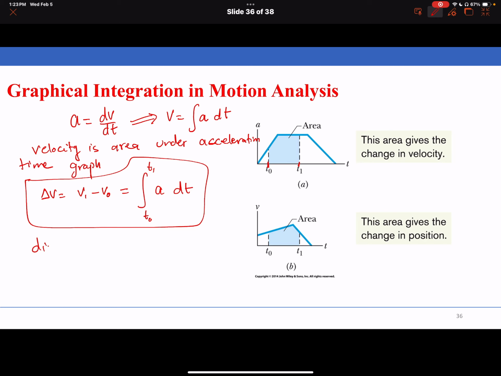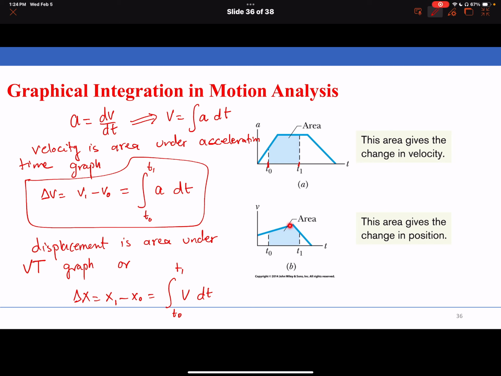Similarly, the distance covered or displacement is the area under the velocity-time graph, or delta x, which is x1 minus x0, going from some initial time to final time, is the integral of velocity over time. This is possible if you know the velocity as a function of time. You can integrate it, and that will give you the displacement of the object.